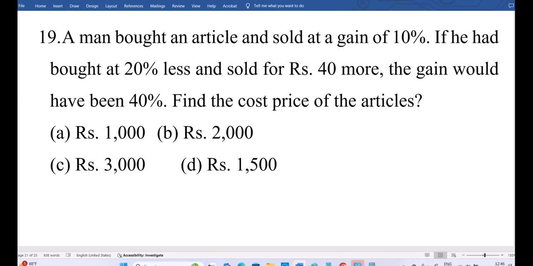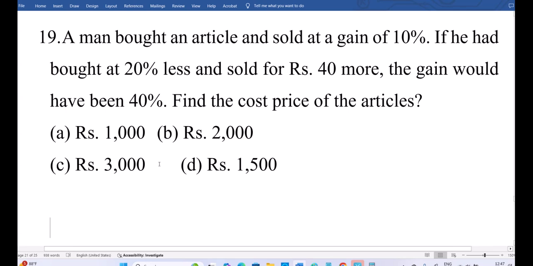But if you purchase for 20% less, let us say previously you purchased for 1000, now you are purchasing for 800 rupees only. 20% less compared to whatever you purchased previously. Then you sell for 40 rupees more, and the gain will be 40%.